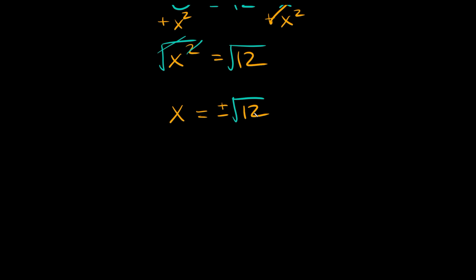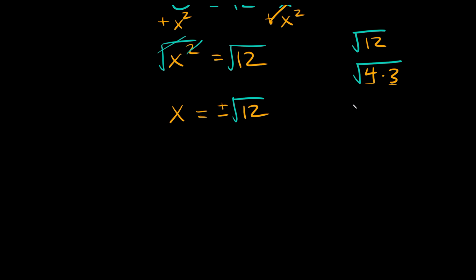Now the square root of 12, we can actually simplify this radical right here. So let's write it up here. The square root of 12, we can first rewrite as the square root of 4 times 3. Now that I split 12 up into its two different factors, we can split both of these numbers up into their own radicals, their own square roots.